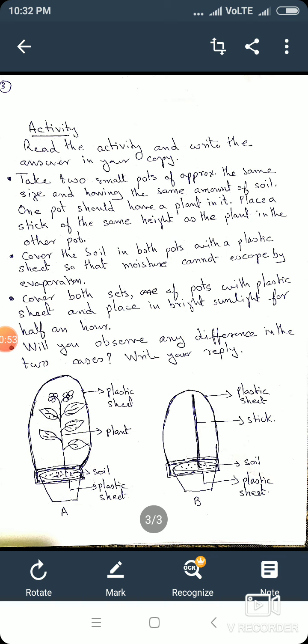You can write sieve tube, companion cell, phloem parenchyma, and phloem fiber. And then what are the solids, liquid, and gaseous waste in plants? So that also you can write down. So this time I am not giving you any extra question. Prepare the notes and do this activity. Do this activity and write it down in your classwork copy.